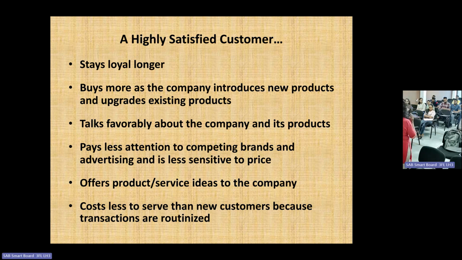So therefore, the marketer should understand, if we disappoint the customer, the customer goes out and tells everyone. If you satisfy the customer, the customer will tell only a few people. And the other thing is, if something becomes concrete in our mind, it's very difficult to erase it. That's the psychological thing.